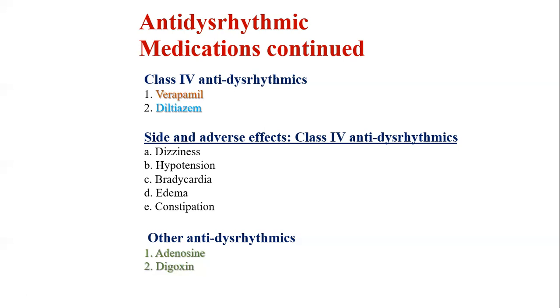They are antihypertensive and anti-anginal medications as well. The mechanism of action of class 4 is that they work on the calcium channel and block it, so we call them calcium channel blockers.